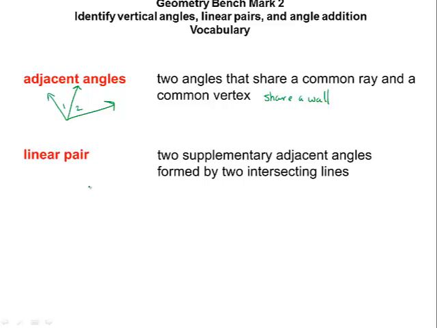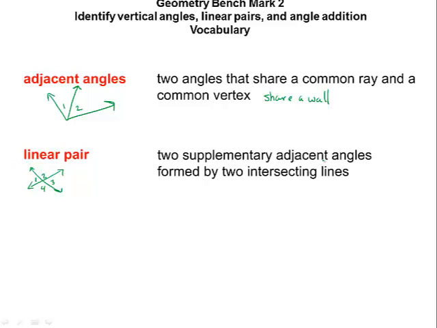And then you have a linear pair. Whenever, there's two ways to have a linear pair. We can have the same thing as vertical angles, where you get two intersecting lines, and that gives me 4 angles. And any two angles that make a straight line would be a linear pair.